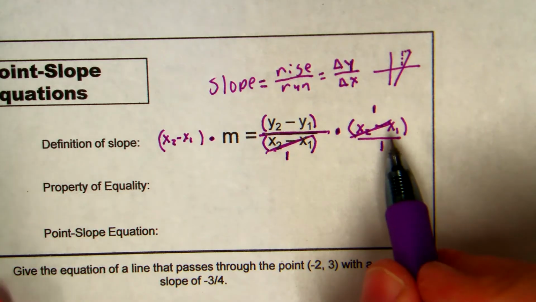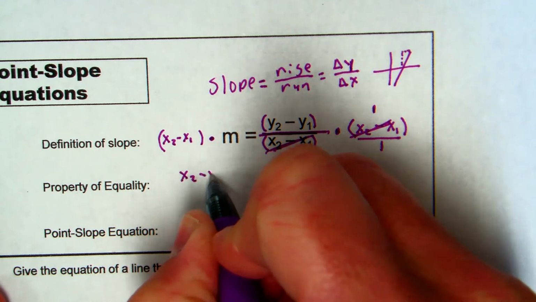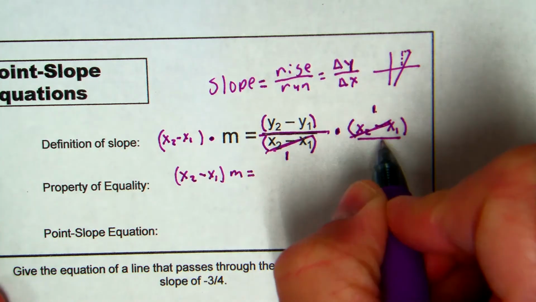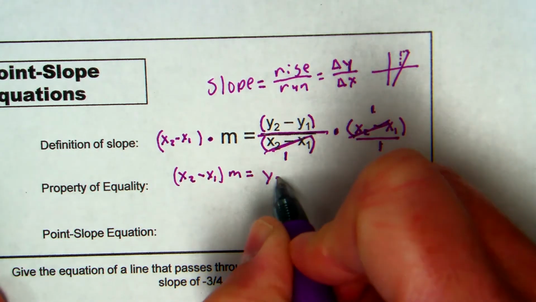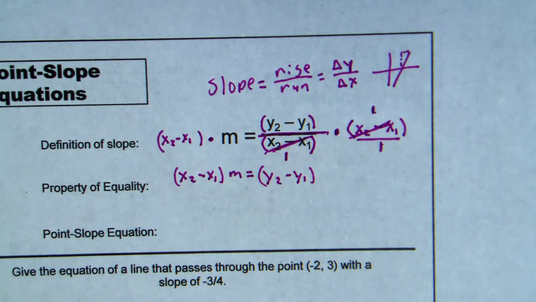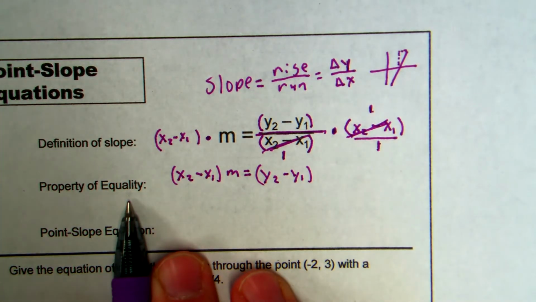If those become ones, what's left is x2 minus x1 multiplied by m equals y2 minus y1 over here all by itself. There again, that's the property of equality that allows me to make that change.